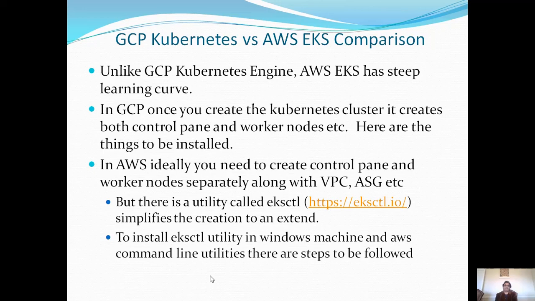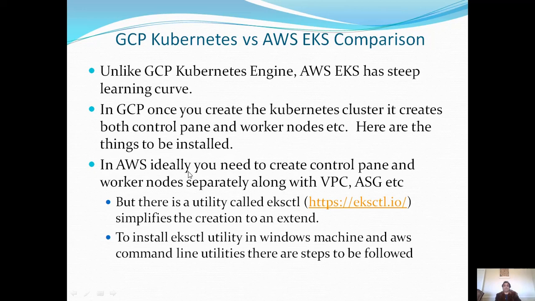But in AWS, we don't have the concept called Cloud Shell, so that is one of the reasons it has some learning curve involved. In GCP, once you create a Kubernetes cluster, it creates both the control plane and worker nodes. Here, these things have to be installed manually.